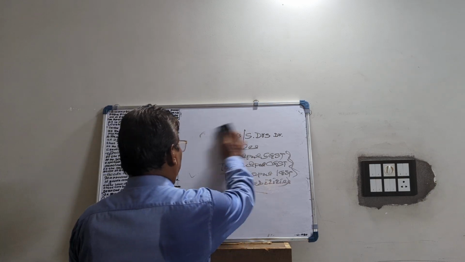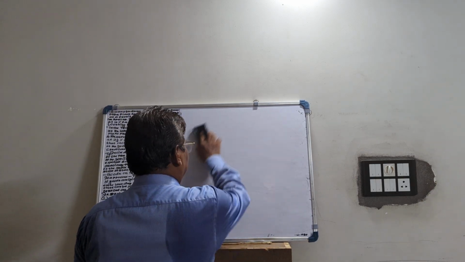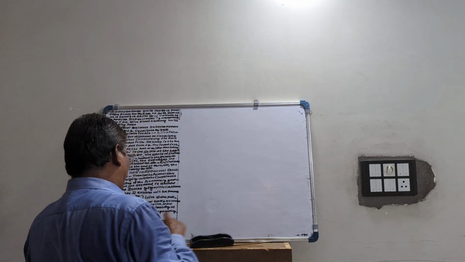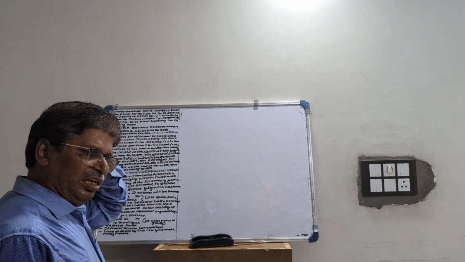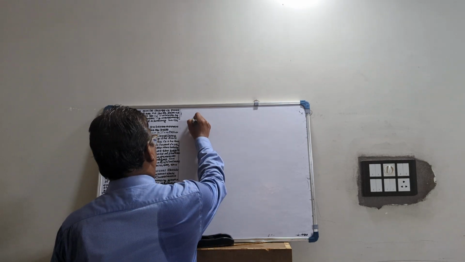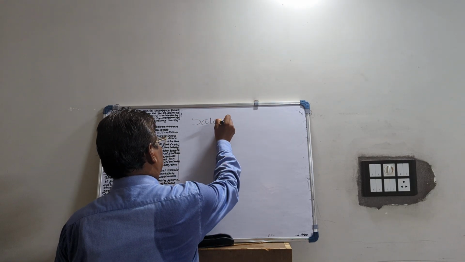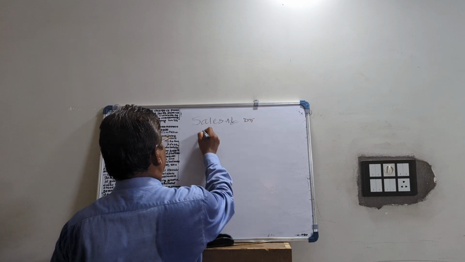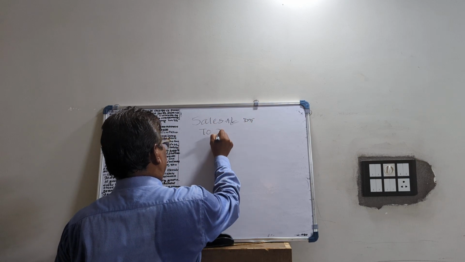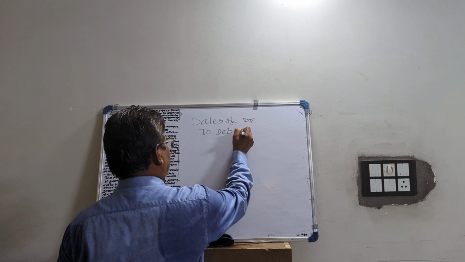Then in this case, we have to make two journal entries. First, we will reverse the sales. We have done sundry debtors account debited to sales. Now we will do sales account debited to sundry debtors account.